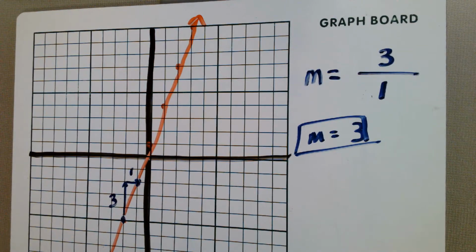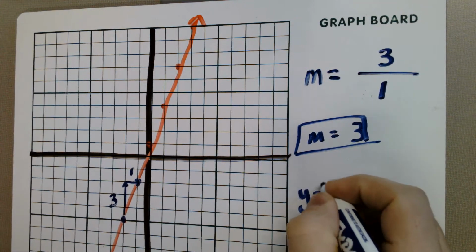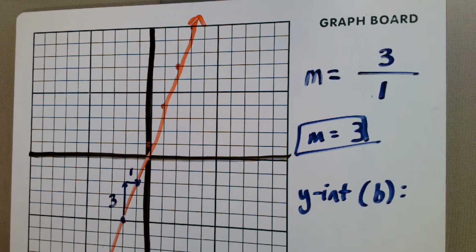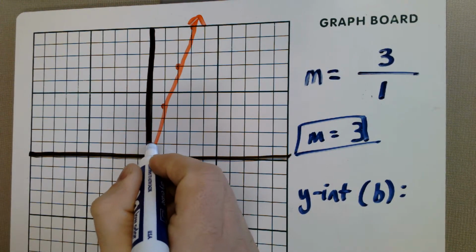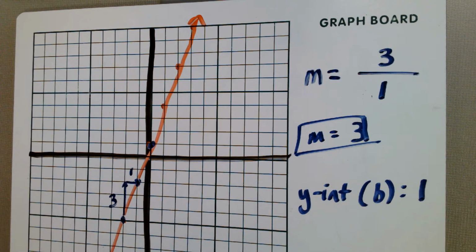The next thing I should be able to pull off is, what is my y-intercept? Remember we called this b. What's the y-intercept from this one? Well, I look to my graph and I see where it crosses the y-axis, which is at 1. It's the point (0, 1).